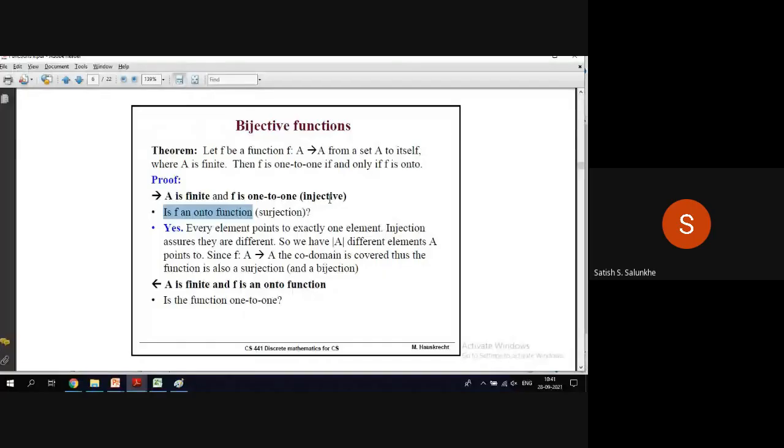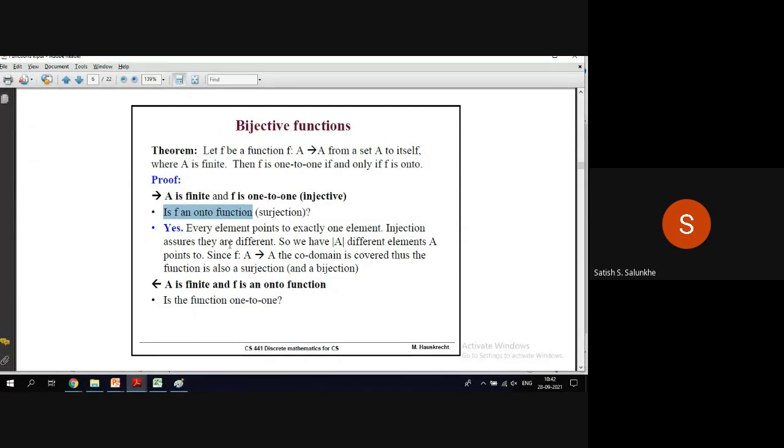So how do you prove this? When A is finite and f is one to one, is f an onto function? You are just checking vice versa. Assuming that it is a one-to-one function, we need to check whether it is an onto function.